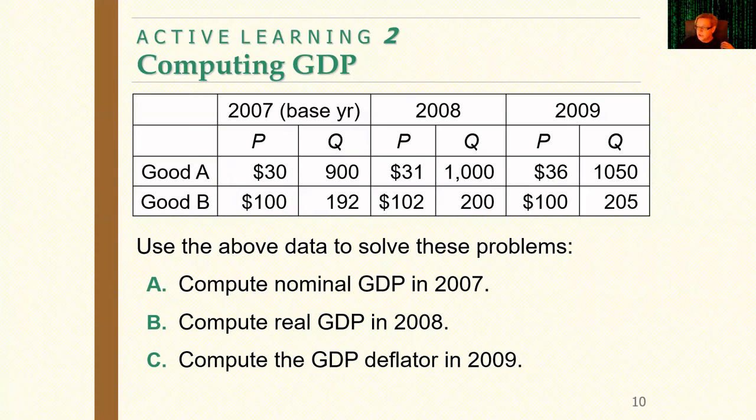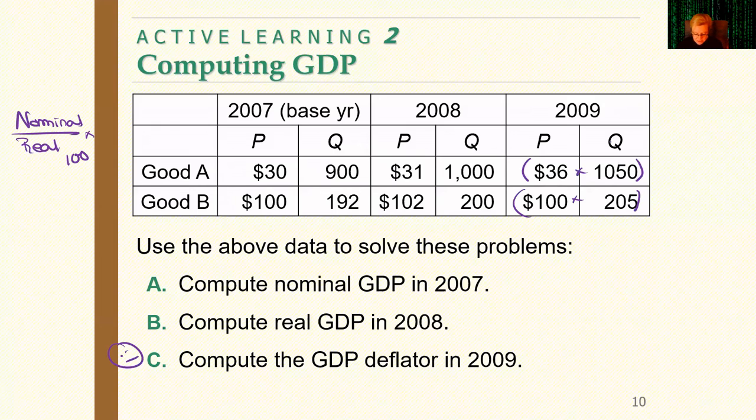Now we want to compute the GDP deflator for 2009. This is usually where students get stuck, right there. Like, now what do I do? Well, remember, the first thing you have to do in computing the GDP deflator is you have to take the nominal GDP divided by the real GDP times 100. So we have to come over here in 2009 and kind of start over. Price times quantity, price times quantity.